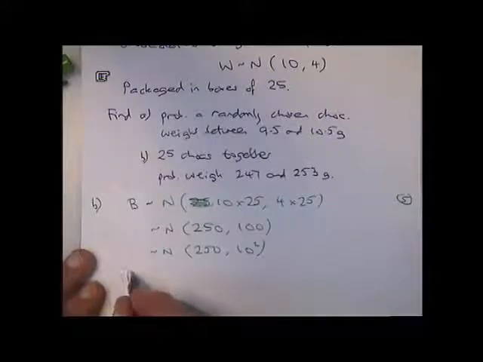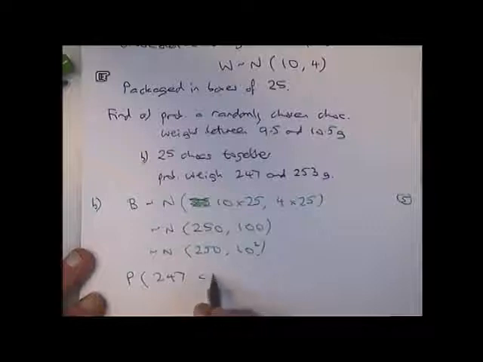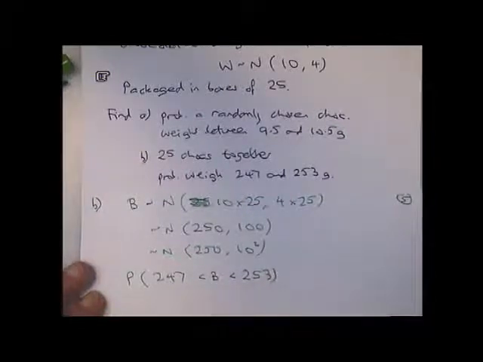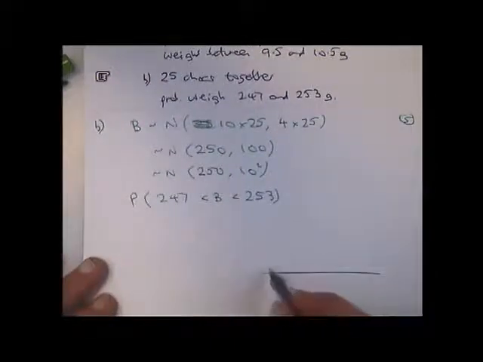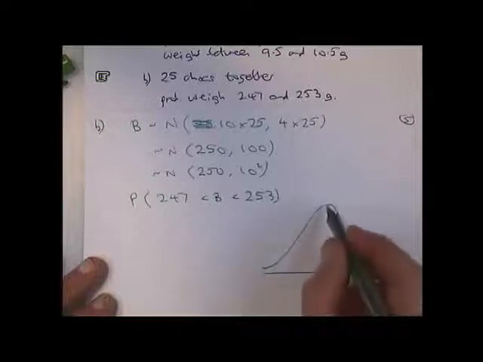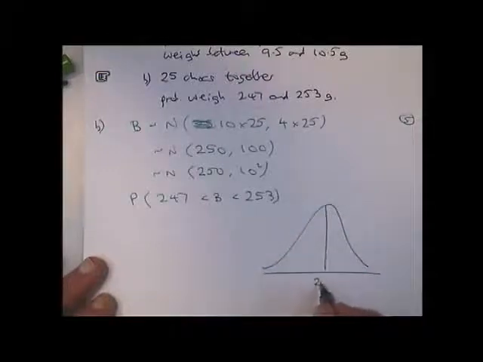So now what I want is the probability that B lies between 247 and 253. And again, I'll do a diagram. Diagrams can be quite useful. They can help you spot things sometimes more easily as well.